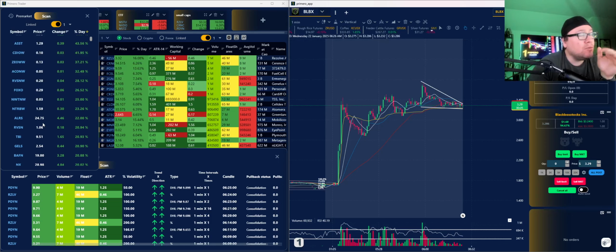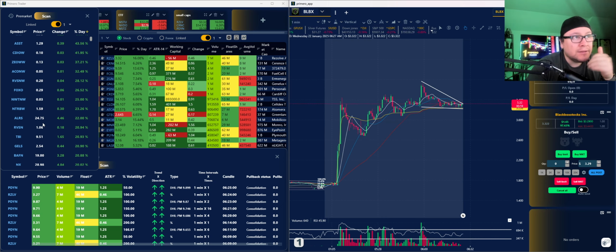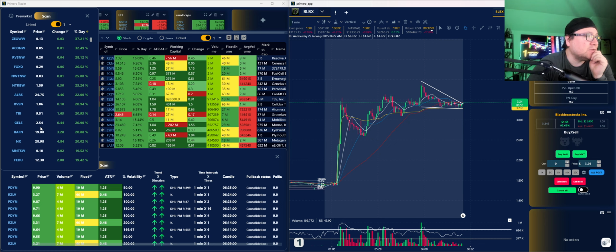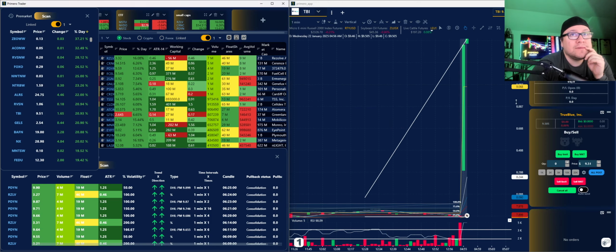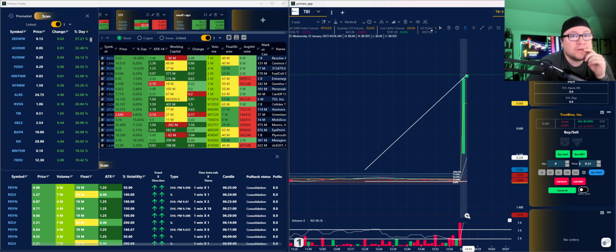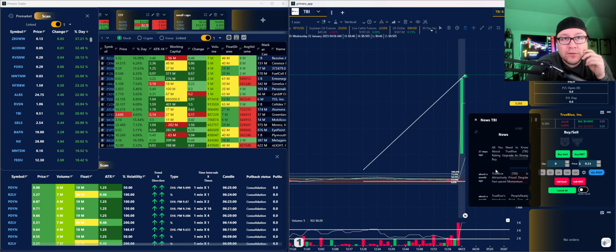I usually watch them if they're doing really good movements, like at 2.80 to 2.90, and it's gonna break $3. Then I will trade that if it gets over $3. That's one of my rules. No trades under $3. TBI, it's just making one move right now. All you need to know about TBI.